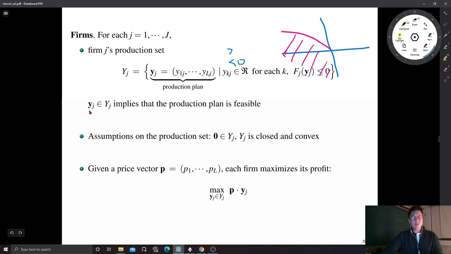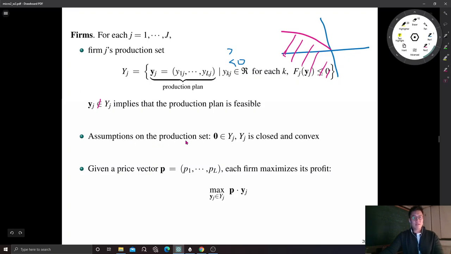If one production plan is an element of this set, that implies that this production plan is feasible. If it is not an element, then it is infeasible. So the firm's production technology is given by this general production set.